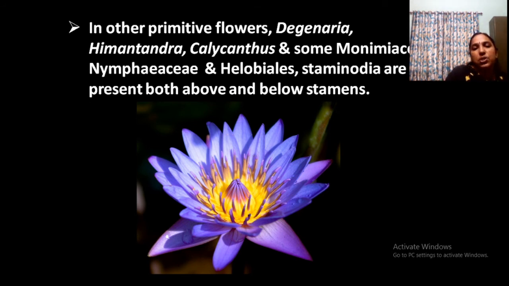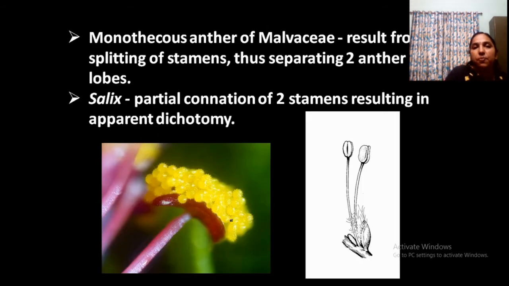Then monothecous anther results from splitting of stamen, separating two anther lobes. Then conation of two stamens results in dichotomy in Salix. These are all how fusion takes place. That's an example here. Monothecous anther forming by splitting of stamens resulting in two anther lobes.